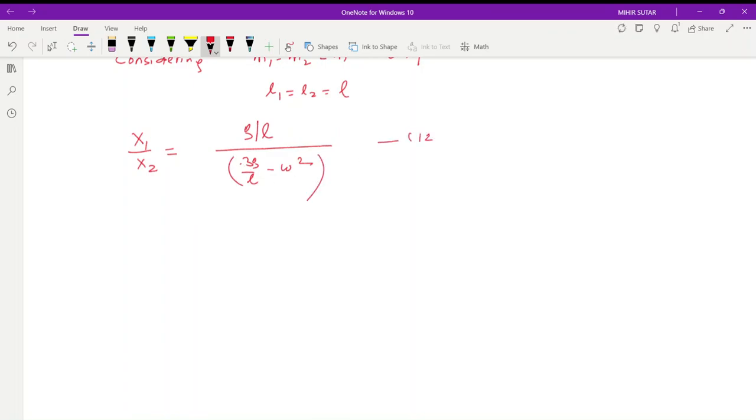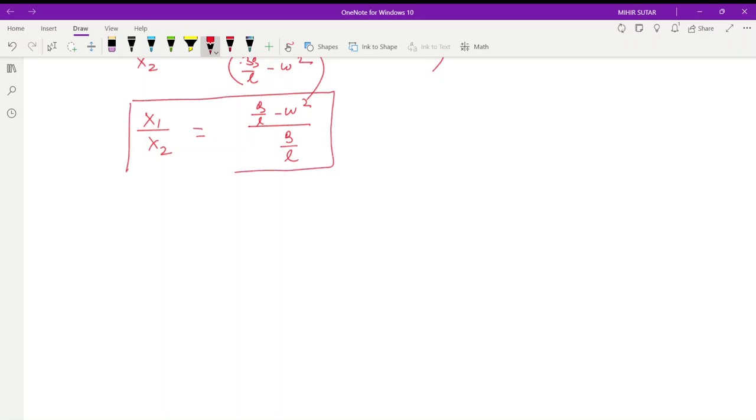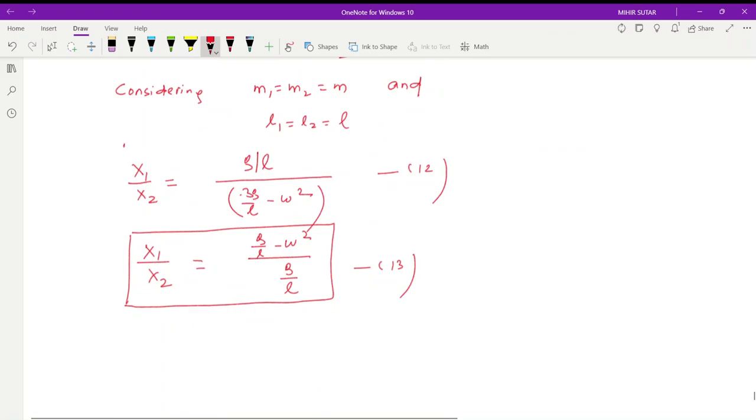This will be equation 12, and X1 by X2 is also equal to (g by L minus omega square) divided by g by L. Okay, this will be equation 13.